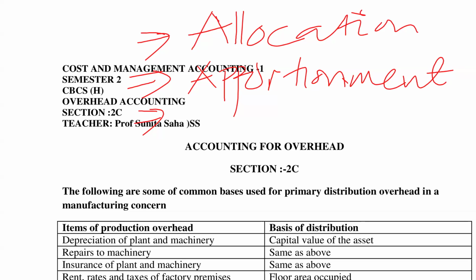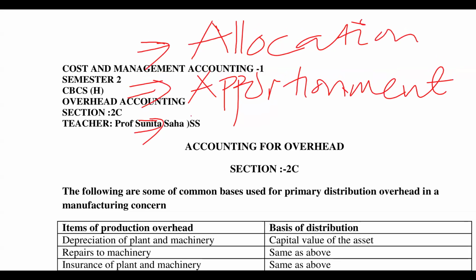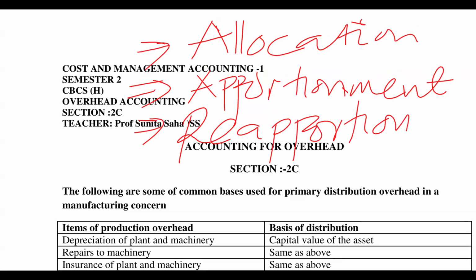To the manufacturing departments or to the production departments. The process of doing that is what is known as overhead reapportionment. This is just a re-echo of the previous conversation.